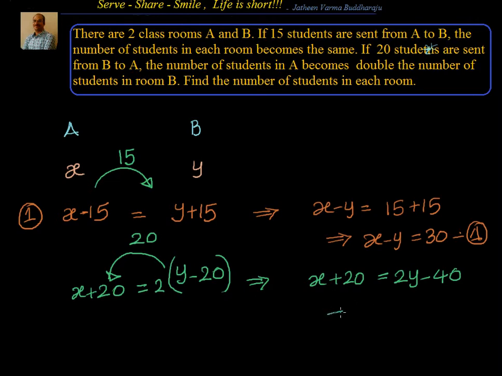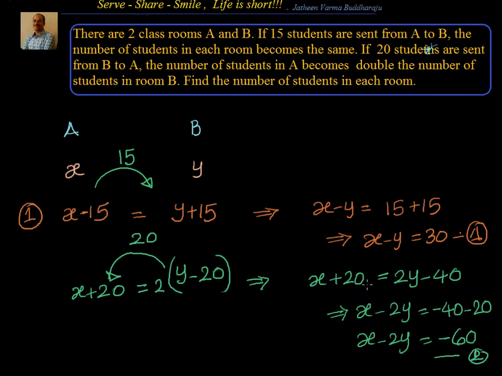If I simplify, I will have X minus 2Y equal to minus 40 minus 20, that's X minus 2Y equal to minus 60. So this is equation number 2.